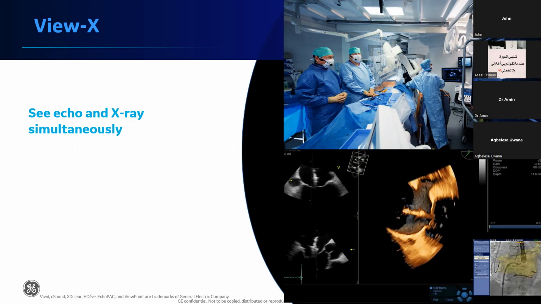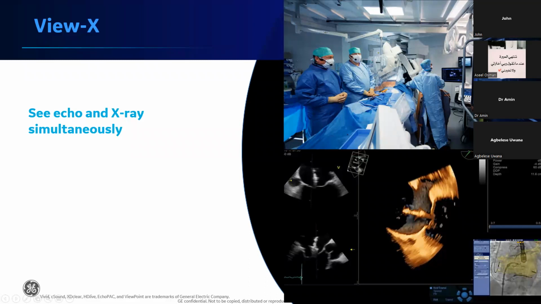One of them is called VUX. We find that it is very common in structural heart echo lab or cath lab suites that the echocardiologist doesn't always get the privilege of seeing and following the cath image on the pendant.